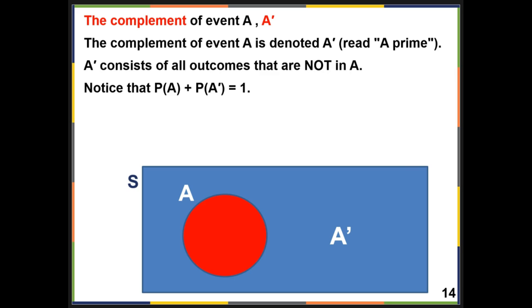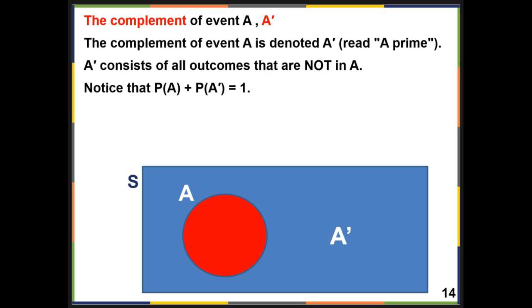Next, we've got the complement of event A. The complement of event A is denoted A with the apostrophe, and we read it A prime. A prime consists of all outcomes that are not in A. So notice that when you add the probability of A and the probability of A prime, you get an answer equal to 1.